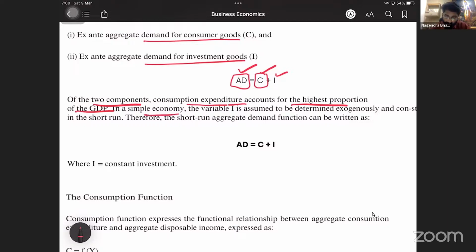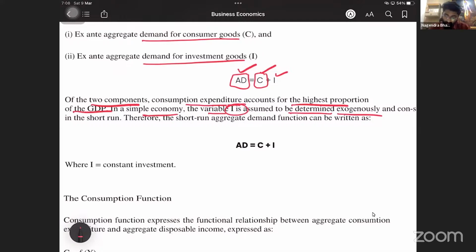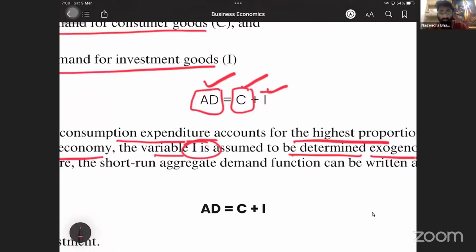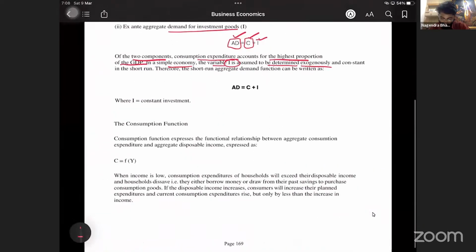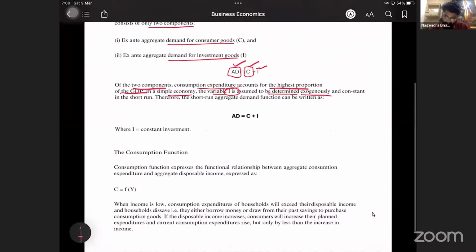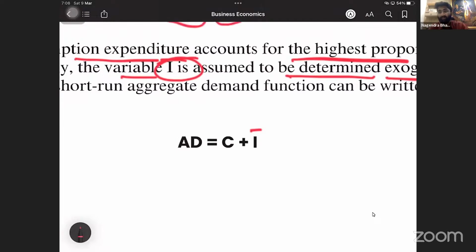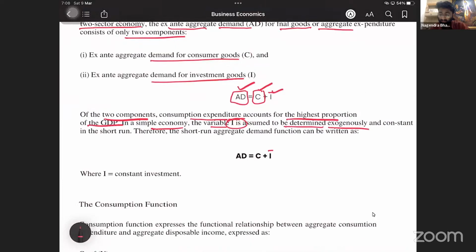In a simple economy, the variable I is assumed to be determined exogenously. That means it is constant. Remember, usually I dash. I is constant. It will not change. I is constant exogenously, and it is constant in the short run.